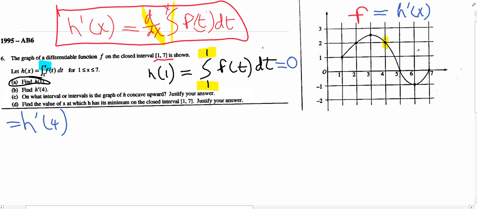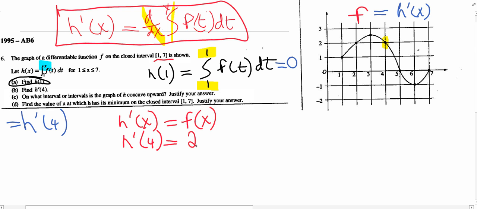So I guess you could make a statement about h prime of x is equal to f of x. Therefore, h prime of 4 is equal to 2. Alright, so right there we've burned through a couple parts of this question pretty quickly.